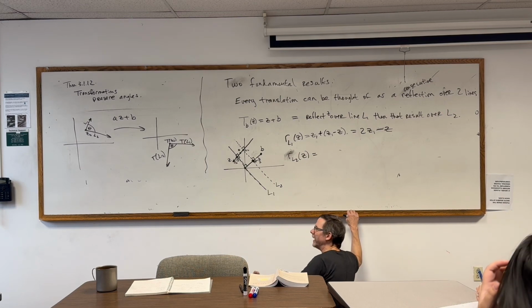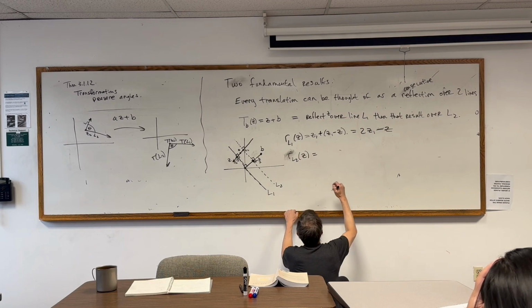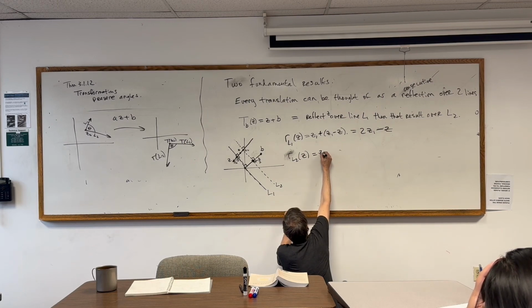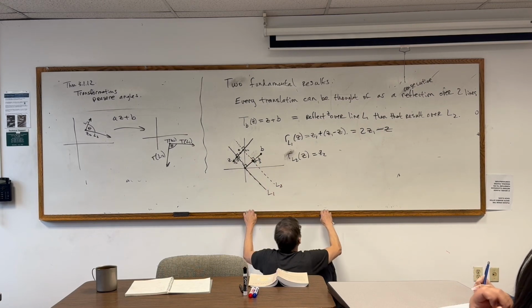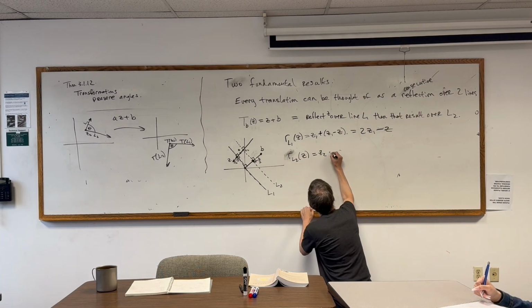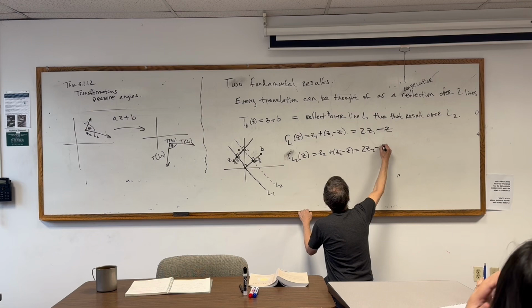Quite beautiful, thank you. So you're going to take Z2, this point, and add this distance to it, which is just Z2 minus Z. So that's 2Z2 minus Z.